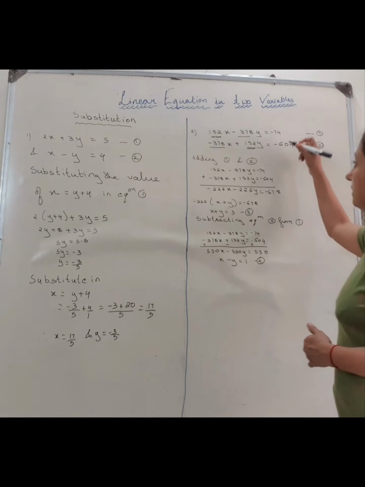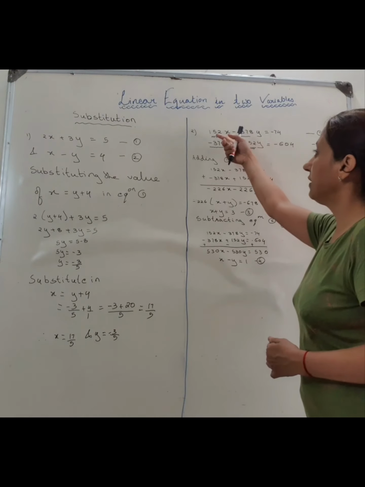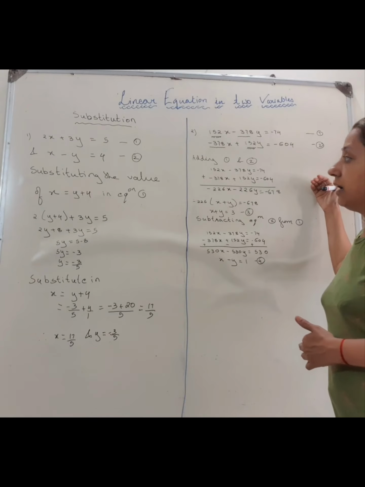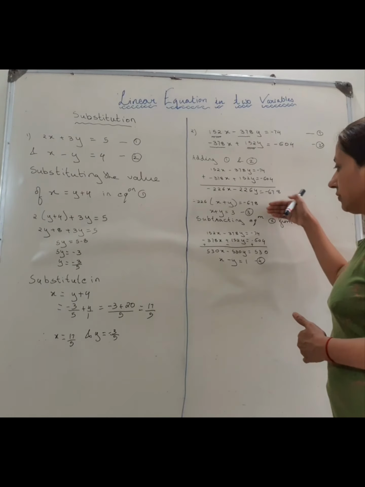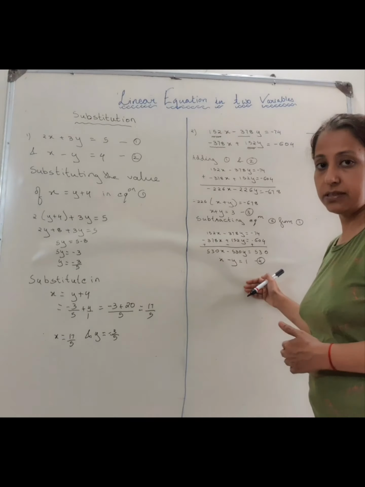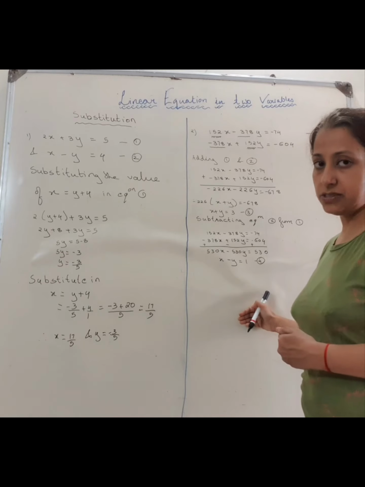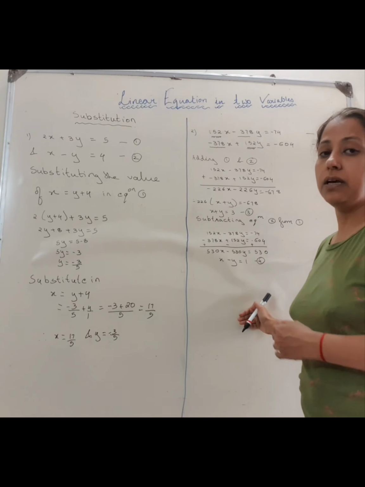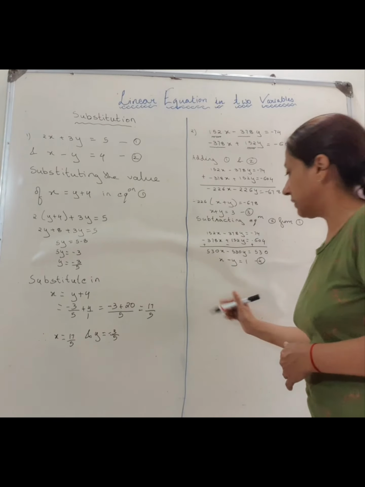So I have seen that these two equations which were having a very big coefficient have been reduced to two smaller equations with smaller coefficients. Now we will be solving these two new equations by substitution method.